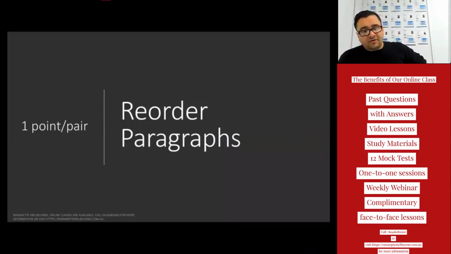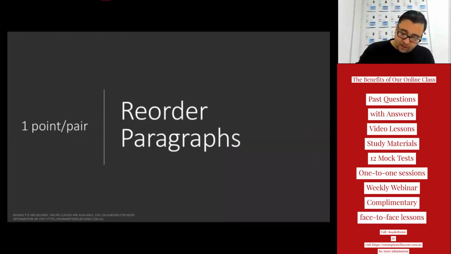Reorder paragraphs, 1 point per pair. I think this is one of the most misunderstood question types in the test. Many people do not know how they get a score in reorder paragraphs. So let me explain this. Now, let's say that the correct order is B, C, D, E, A. And your order is, let's say, B, A, E, D, C. Now, if I ask some people how much score you get, they tell me B is in the right place, A is in the right place, and that means I'll get 2 points.